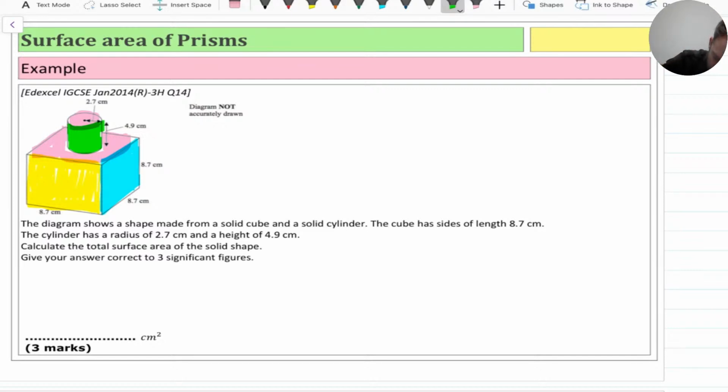So I'm going to do the front yellow first. So the yellow front and back. Now, this is a rectangle, and it's going to be 8.7 times by... Oh, it's actually 8.7 up, which is really nice.